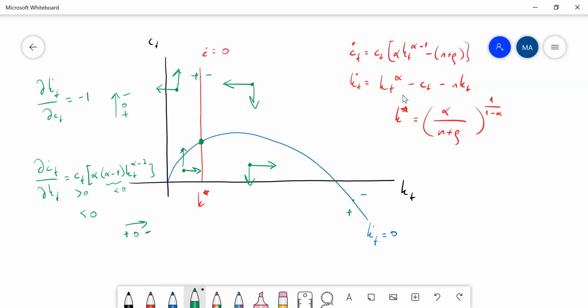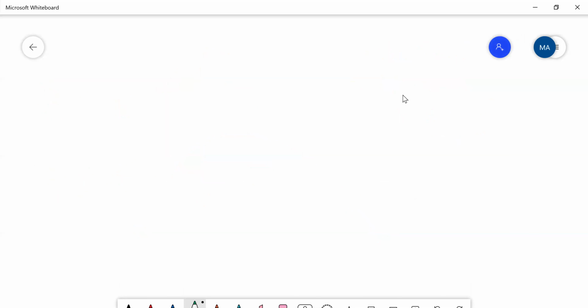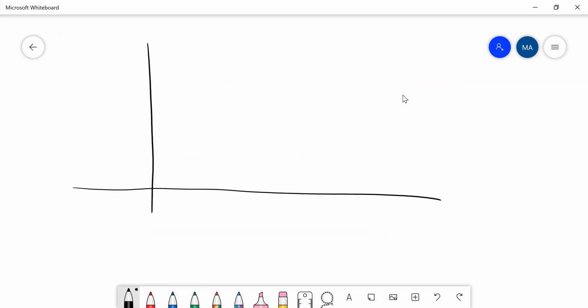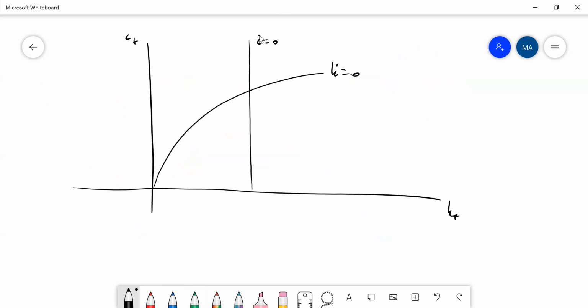So you may imagine if I draw a particular version of it. This is K dot equals 0, this is C dot equals 0, C, K. You have this dynamic here, this dynamic here, this dynamic here, and this dynamic here.